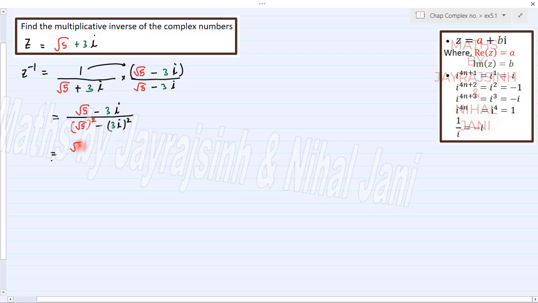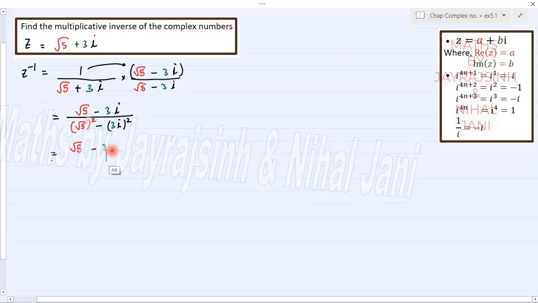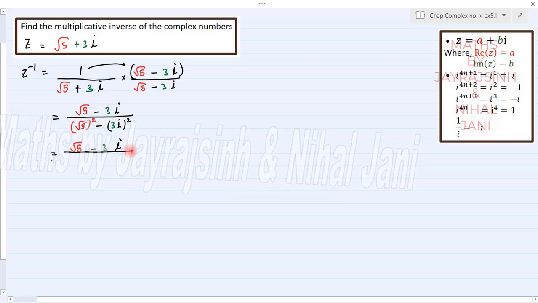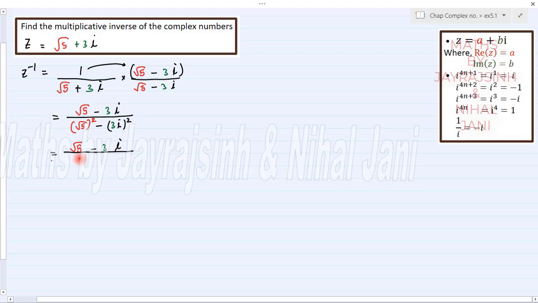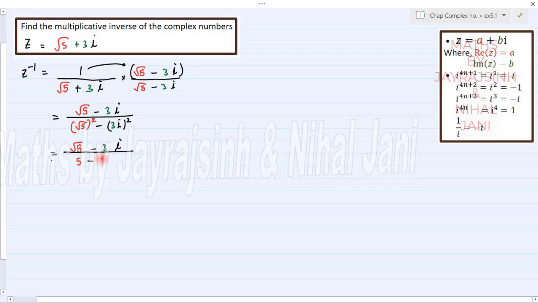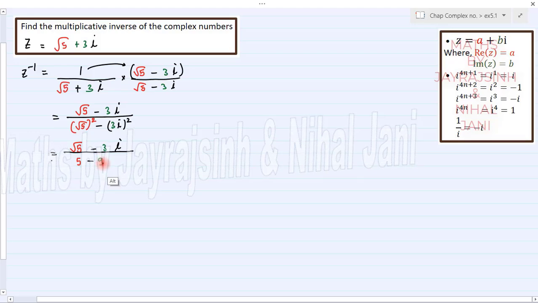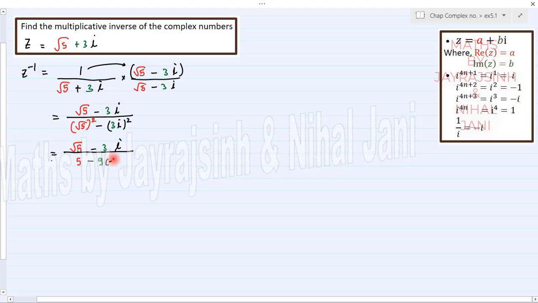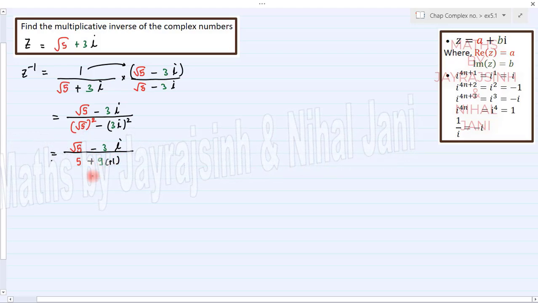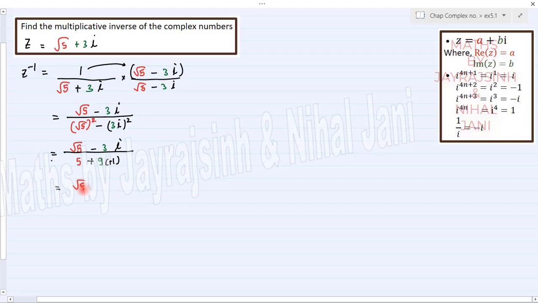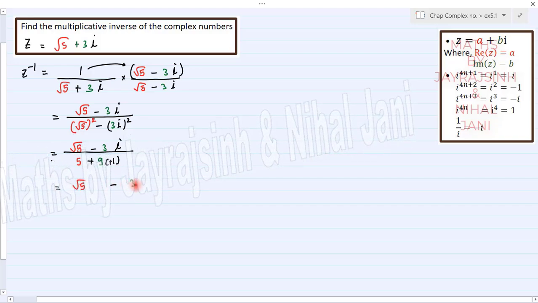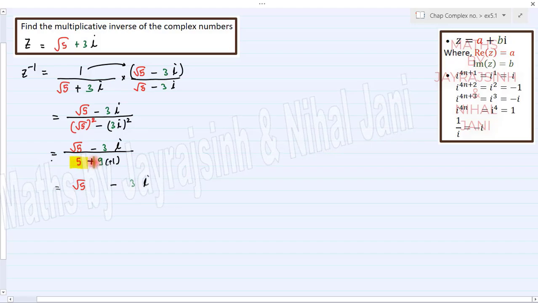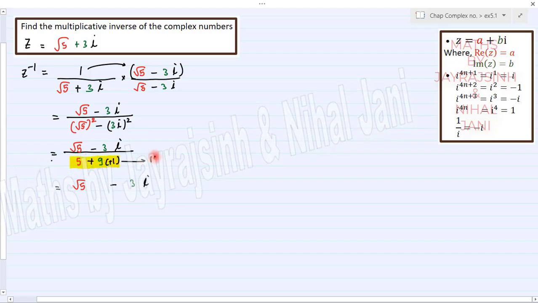So your numerator will be as it is, and in the denominator, root 5 square will become 5, and 3 square will be 9, and i square will be minus 1. So this minus minus becomes plus. We will get (root 5 minus 3i) upon 5 + 9, which will become 14.